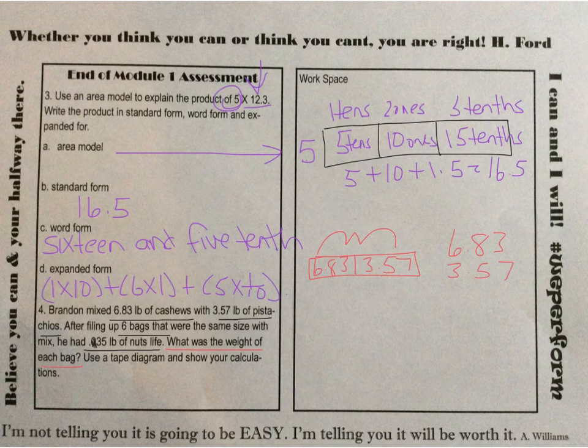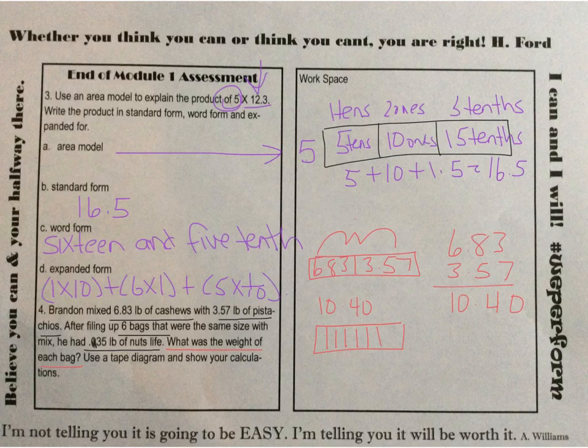And when we add those two numbers together, we're going to get 10 and 40 hundredths. So now we know that we have the whole being 10 and 40 hundredths. But then we had the 6 bags, 2, 3, 4, 5, 6.